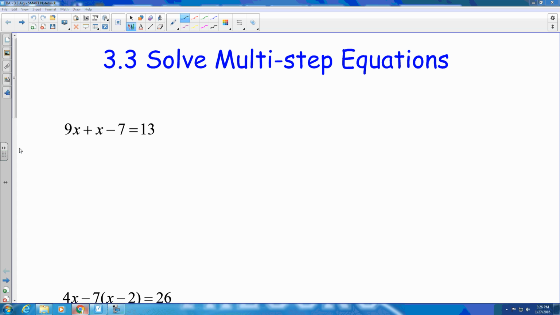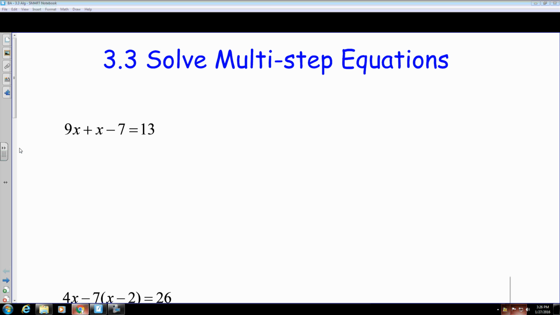Our main goal is still to get the variable by itself, but there are other operations we have to take a look at before we get there. So we take a look at some of these examples. Hopefully we'll get a good idea of what we need to do in order to solve these equations.